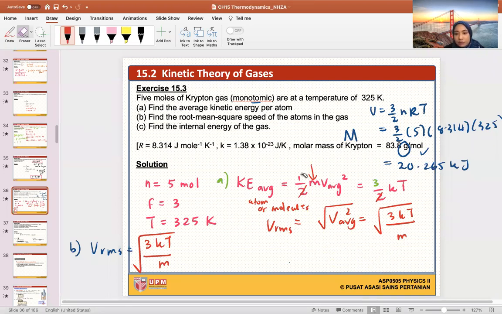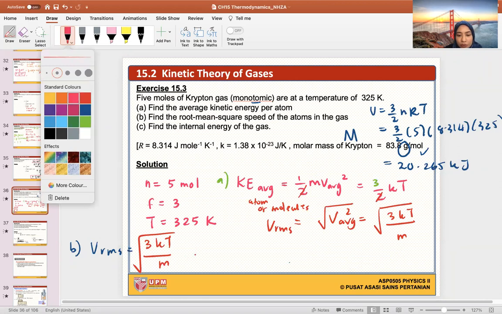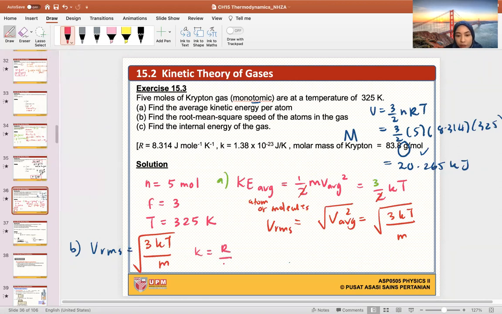So the m here refers to the mass per atom or the mass per molecule. Now, when I try to change the k into R, you can do that. We know that k is equal to R over NA. We have learned about this in my previous video.